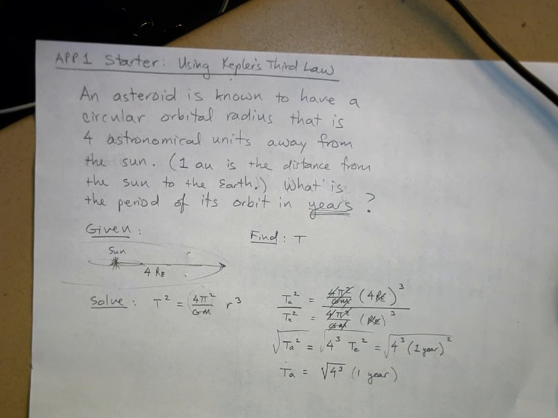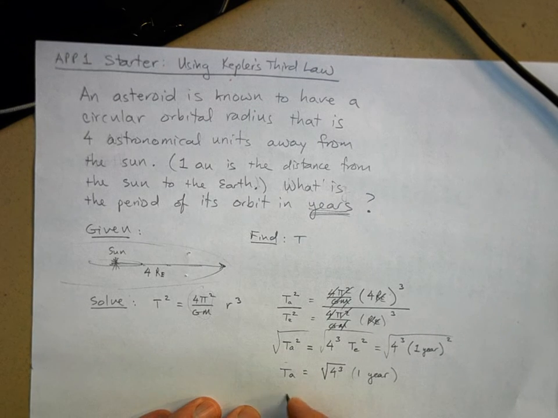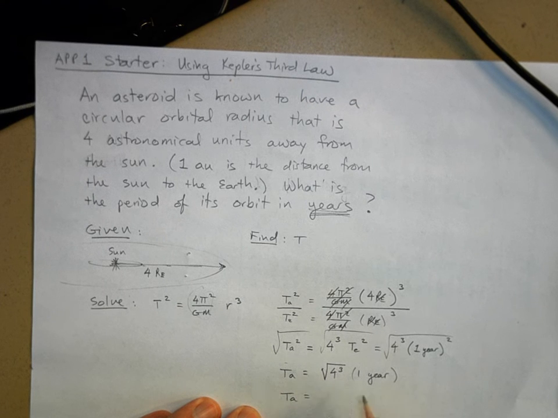Well, let's see. 4 times 4 times 4, that's the crude way to do it, is 64. And take the square root of that. We get 8. So the period of the asteroid is 8 times 1 year, which is 8 years.